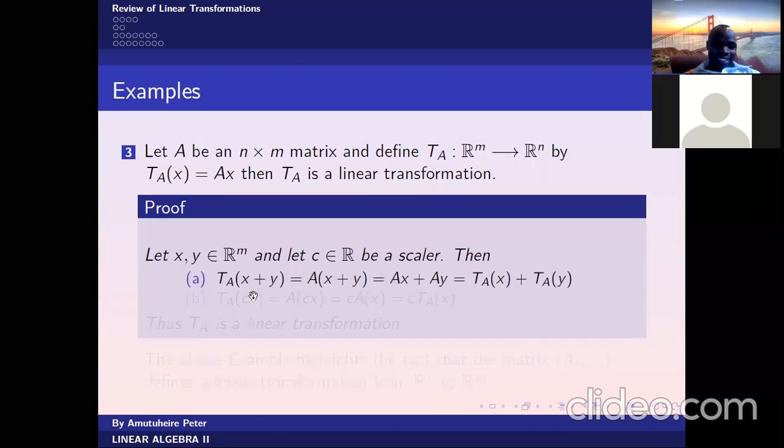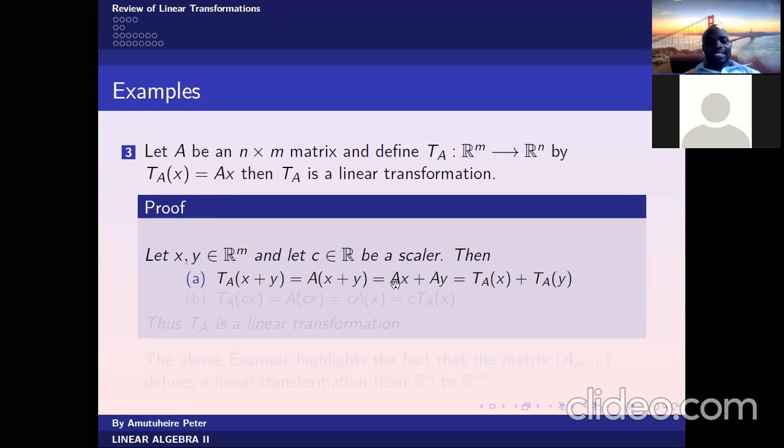Then we want to check the other two properties. The first property: when we add those two vectors and apply our T_A, from the definition of T_A, it is A times (x plus y).